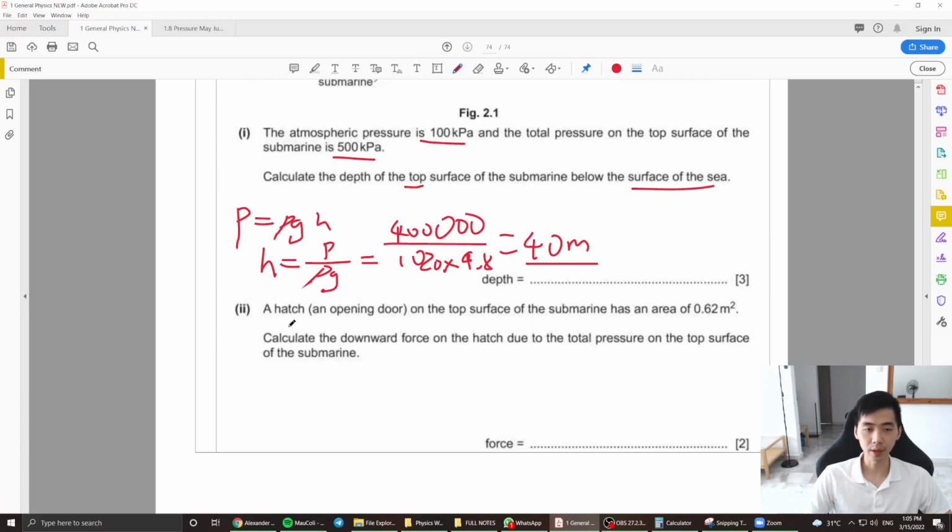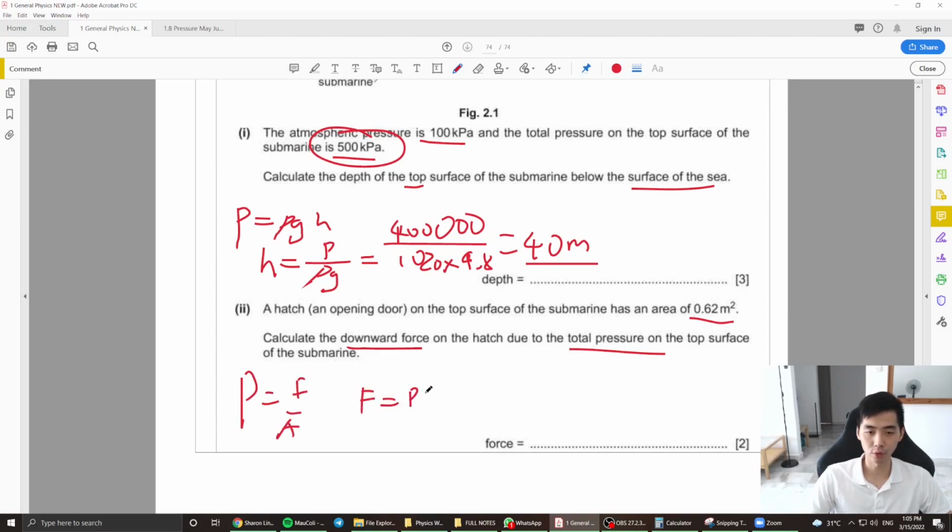Alright. Then finally, a hatch opening door on the top of the surface of the submarine has an area of 0.62 meters square. Calculate the downward force on the hatch due to the total pressure. Now if they talk about total pressure, then obviously we're going to use 500 kPa here. Pressure is equal to force over area yet again.